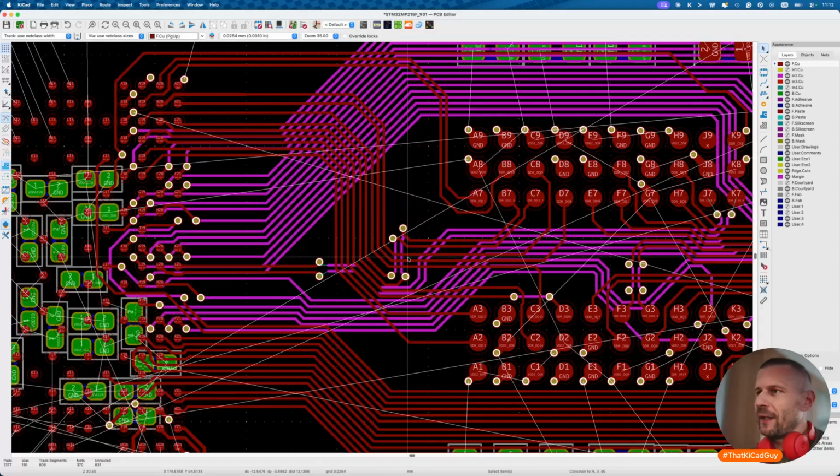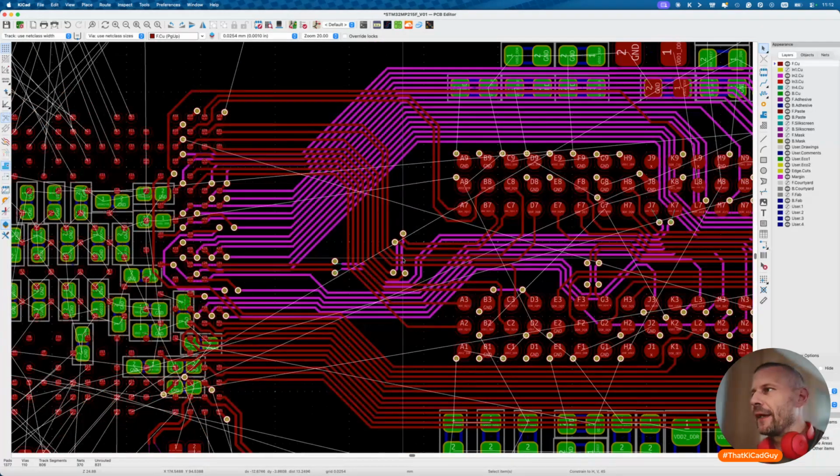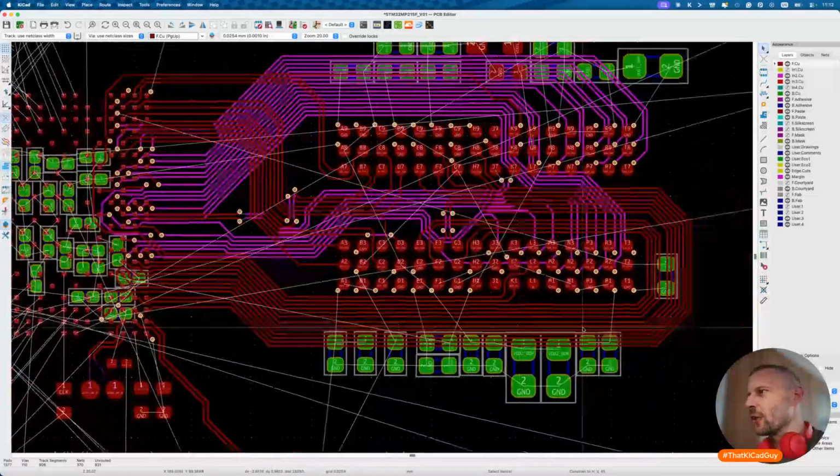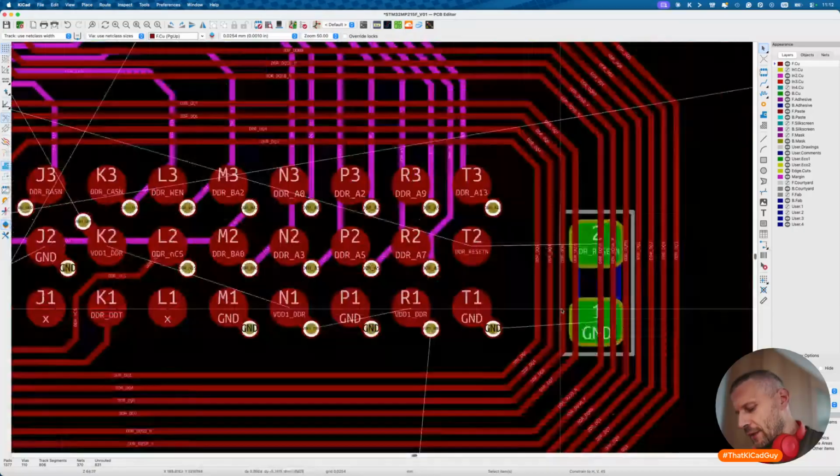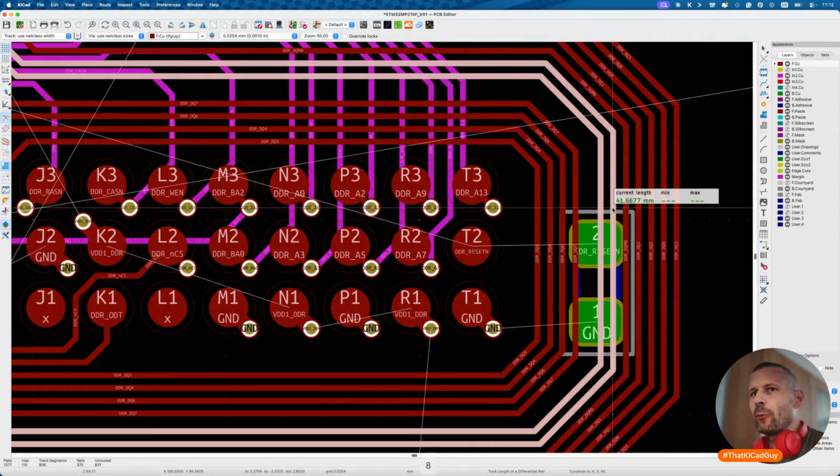Then we take the length of the data strobe 0 signal, which is 41. Let's verify it. 41.6, 42, let's say, or 41.6 to be precise.